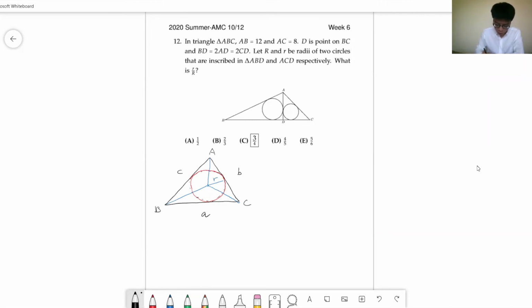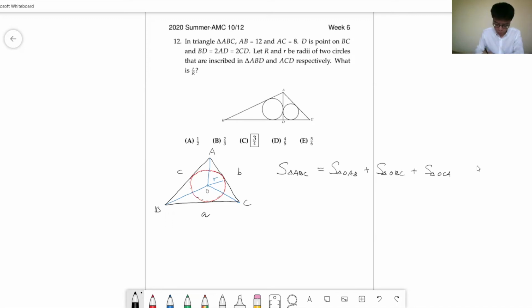So the area of a triangle, this notation means the area of triangle ABC, equals the area of 3 triangles: OAB, plus the area of triangle OBC, plus the area of triangle OCA. Okay.